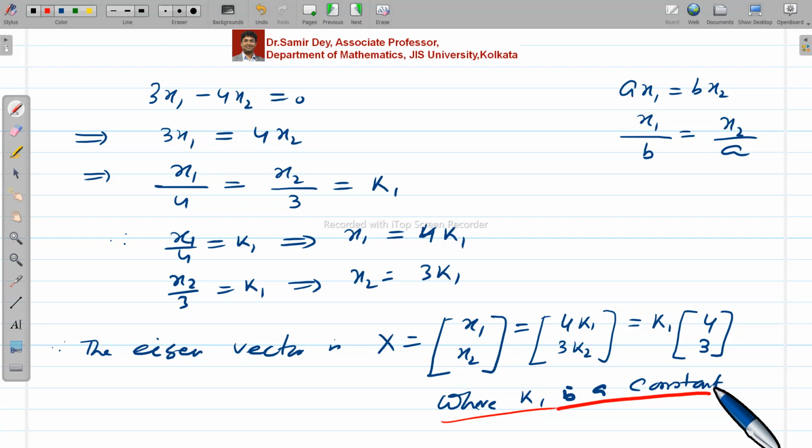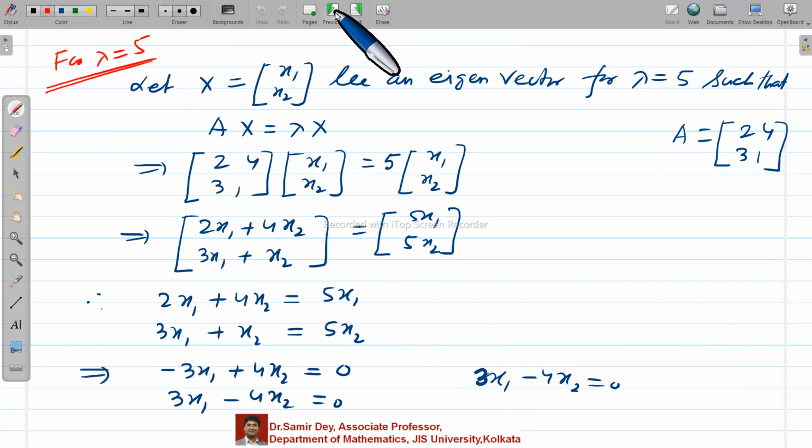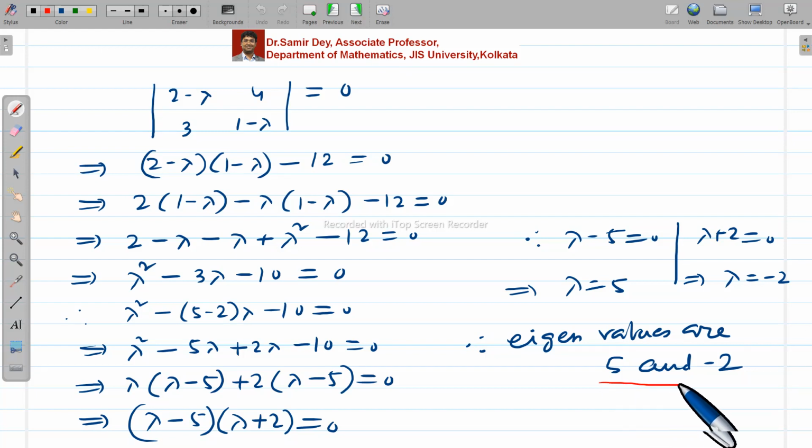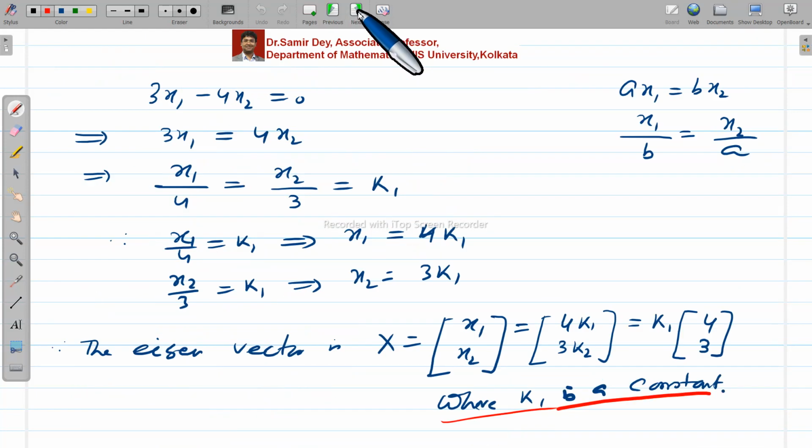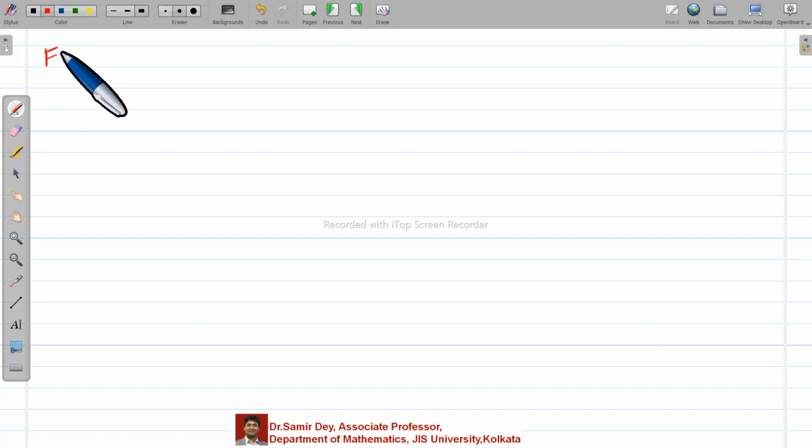Clear? Okay. Now we need to calculate the other eigenvalue. There are two eigenvalues you have, 5 and minus 2. Right now we know the eigenvector for 5. Now you write down for lambda is equal to minus 2.